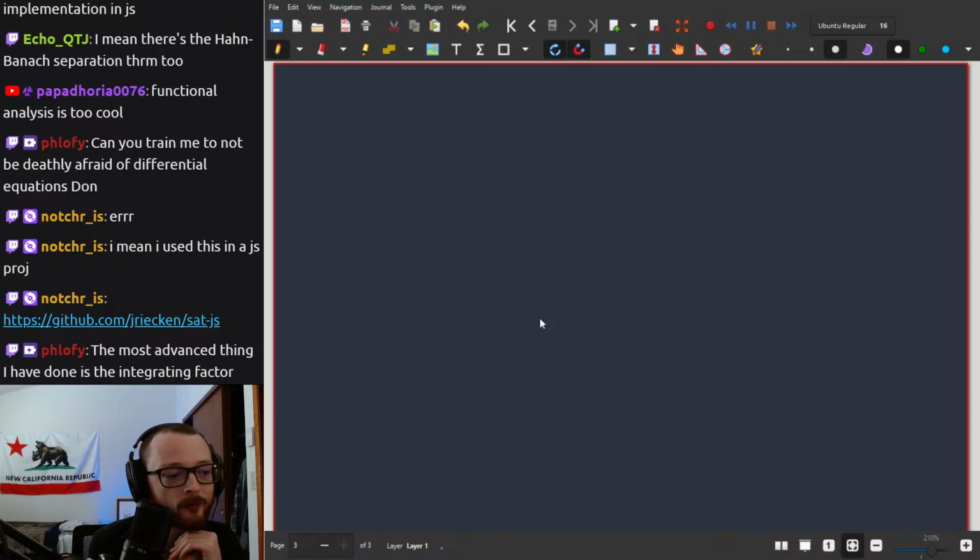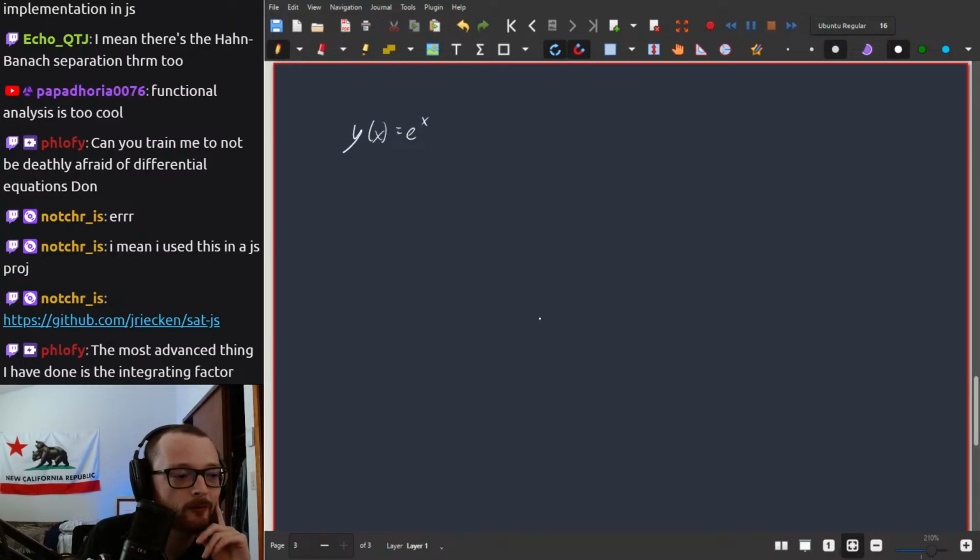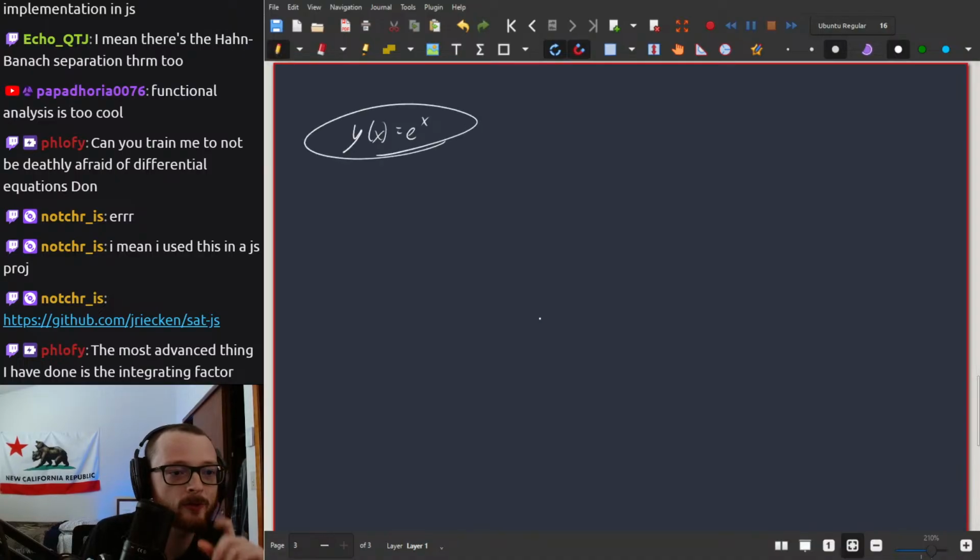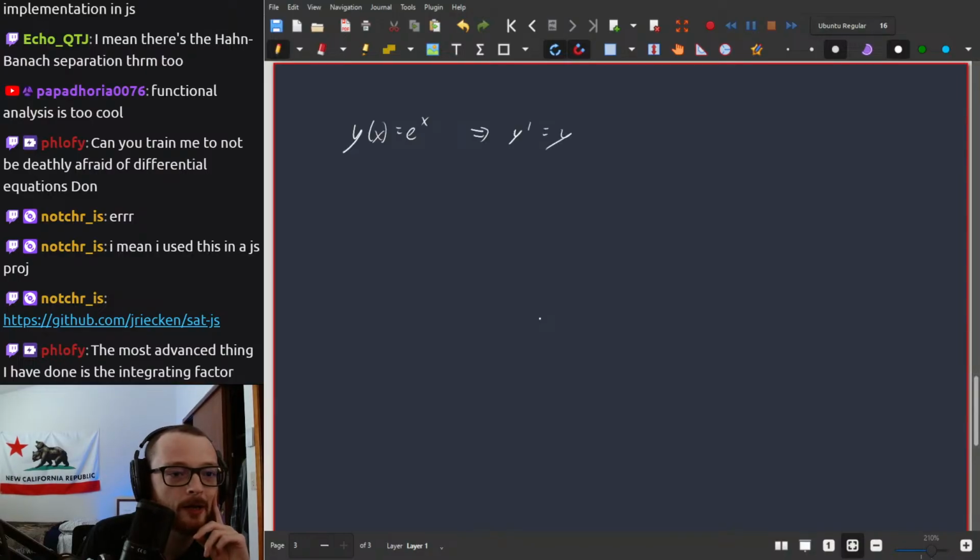But yeah, fundamentally, a lot of ideas in differential equations come down to taking advantage of this: if y of x is e to the x, then this function is magical and it has a really important property that y prime is equal to y.